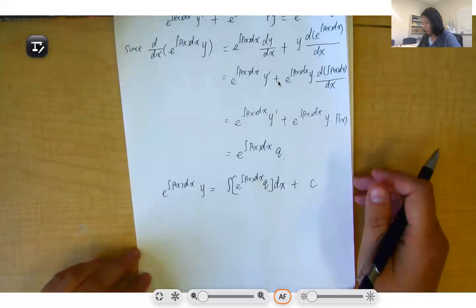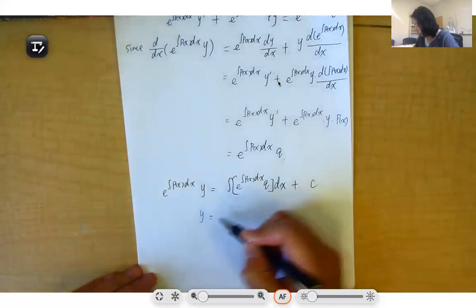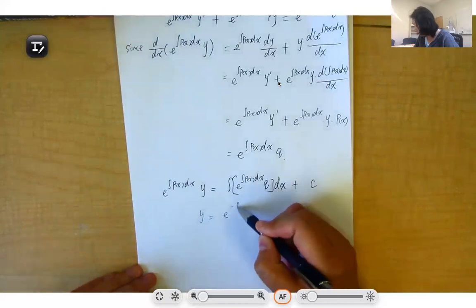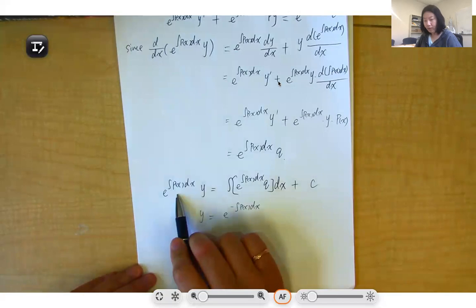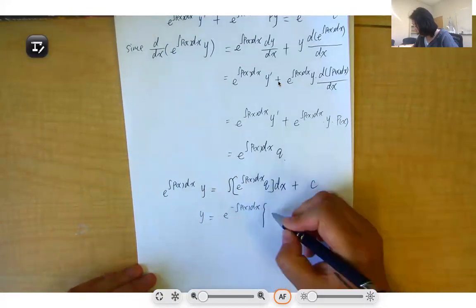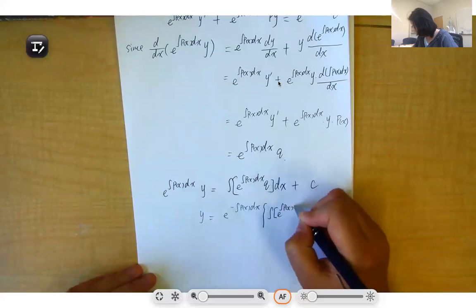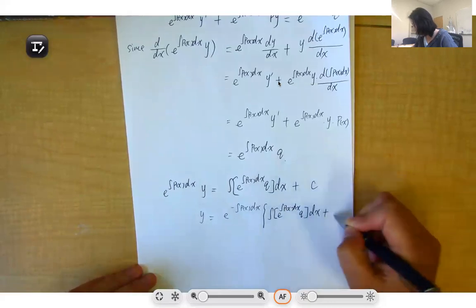And after that, you can get what is y. y will be equal to e to the minus integral of p dx. You just move this to the right side. And then times the integral of e to the integral of p dx q dx plus some constant.